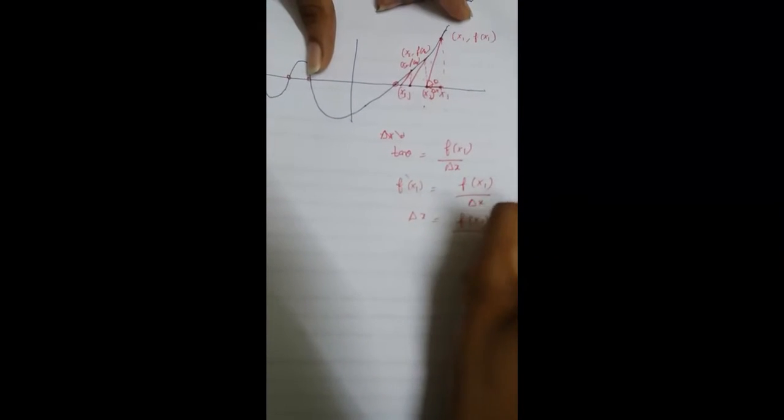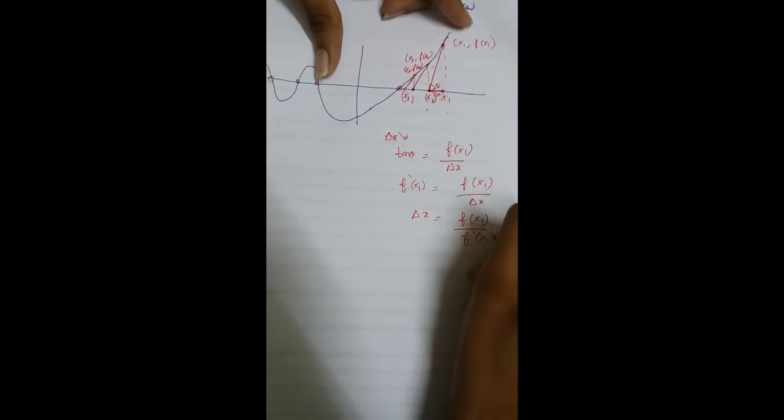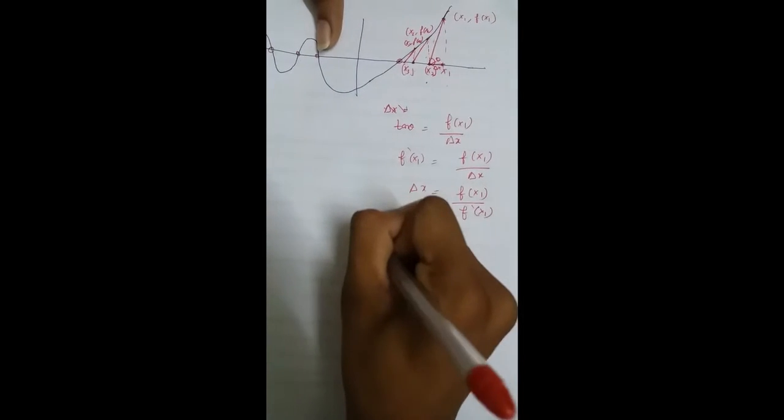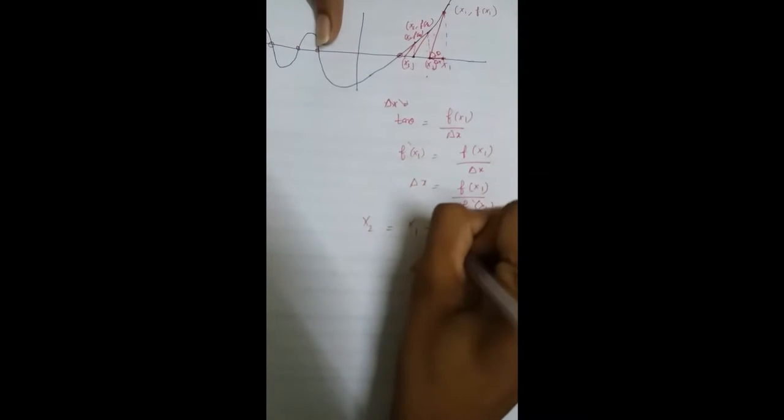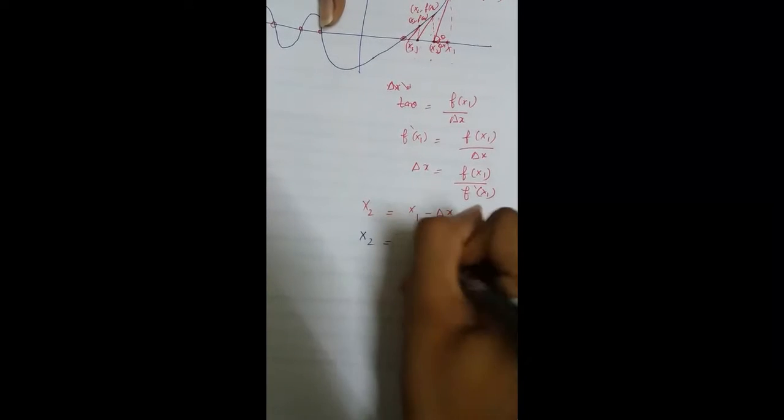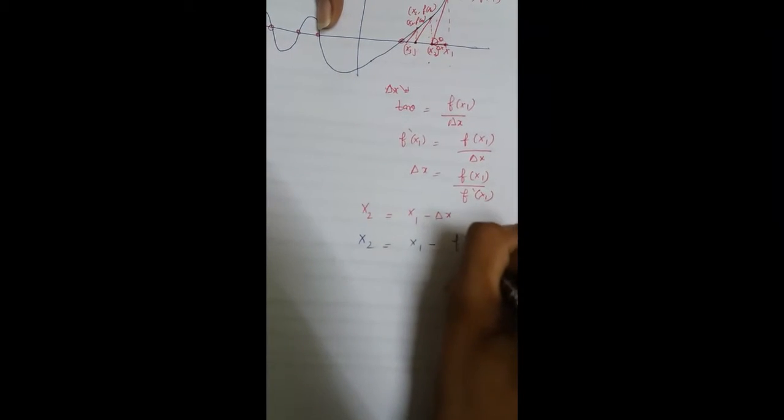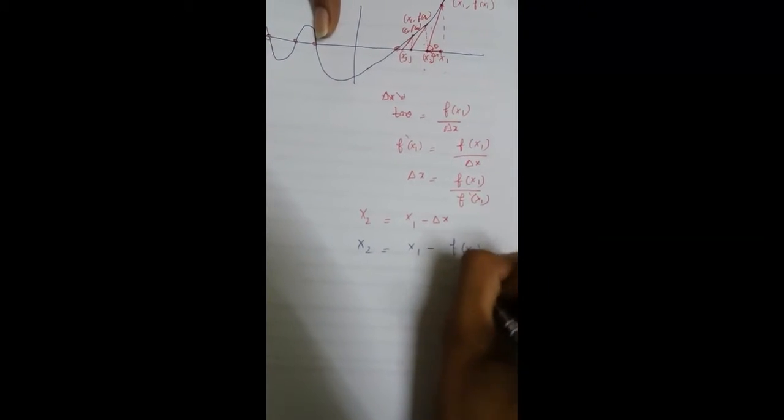Calculating delta x, we get f(x1)/f'(x1). Therefore, we notice that x2 is equal to x1 minus delta x. Thereby, x2 = x1 - f(x1)/f'(x1).